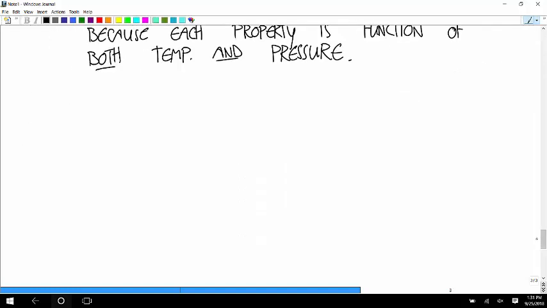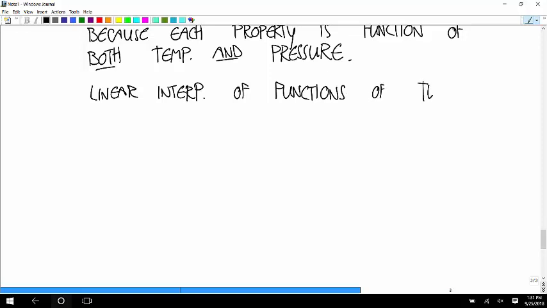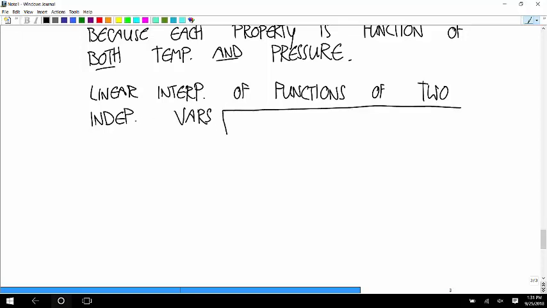So what we're talking about is linear interpolation of functions of two independent variables. And the way you're going to always start with this is you'll have a grid of values.